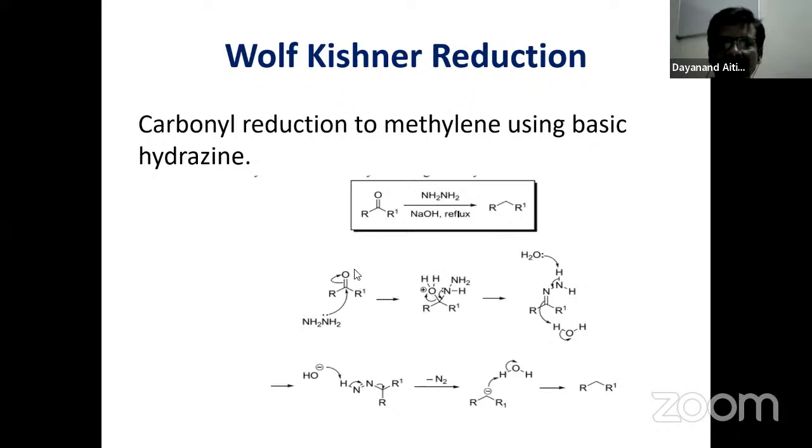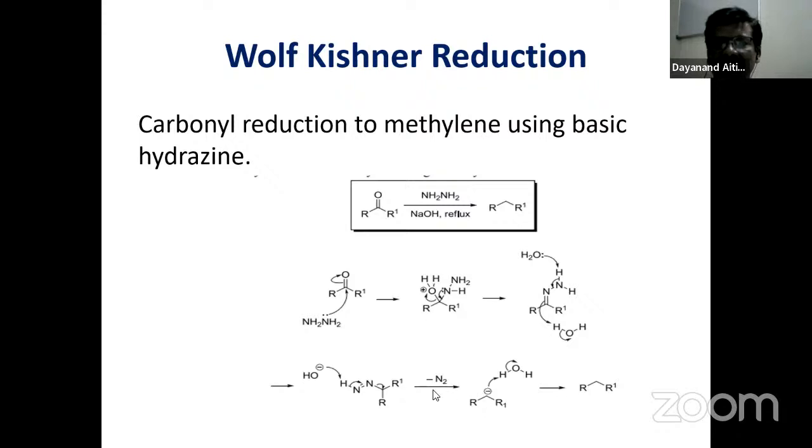Or else, before that, in the presence of acid, the carbonyl is completely protonated, followed by the hydrazine. Later on, H2O will remove this hydrogen and it is shifted. Anyhow, it forms the hydrazone derivative, same as we had seen just now.